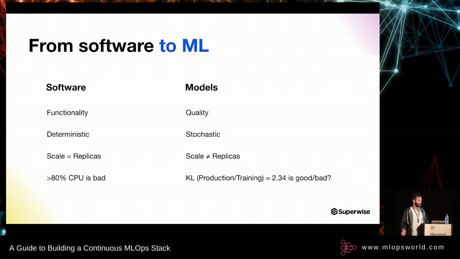The transition from pure software systems into ML-based products and systems has brought some complexity in the way we monitor things. I spoke to some of you yesterday, and the idea is that when you're deploying a service to production which is not ML-based, let's say a service that calculates the shortest path between 2 junctions, the functionality and the monitoring of it can be very much deterministic.